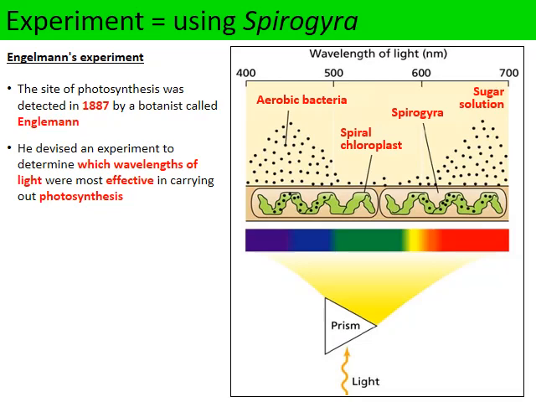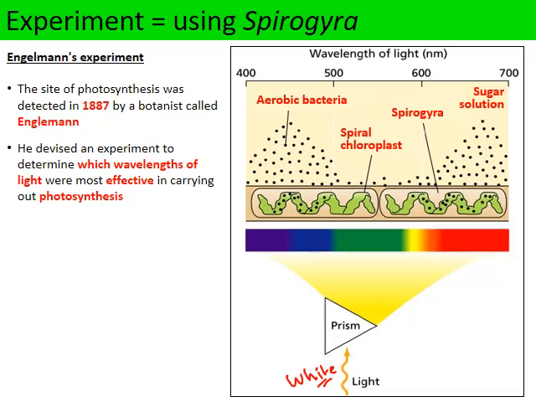Now, what he did, he shone white light through a prism, and that splits white light into all the different visible wavelengths that we see, from violet, indigo, blue, green, yellow, orange, and red on the right hand side. And he placed Spirogyra in a container.